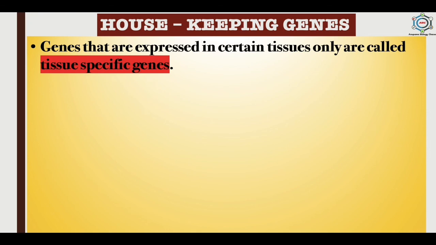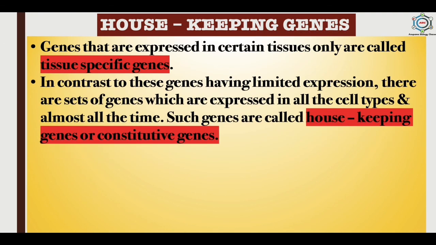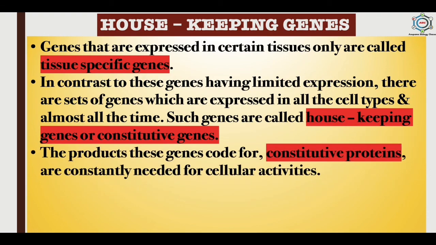Genes that are expressed in certain tissues only are called tissue-specific genes. In contrast to these genes having limited expression, there is a set of genes which are expressed in all cell types and almost all the time. Such genes are called housekeeping genes or constitutive genes.